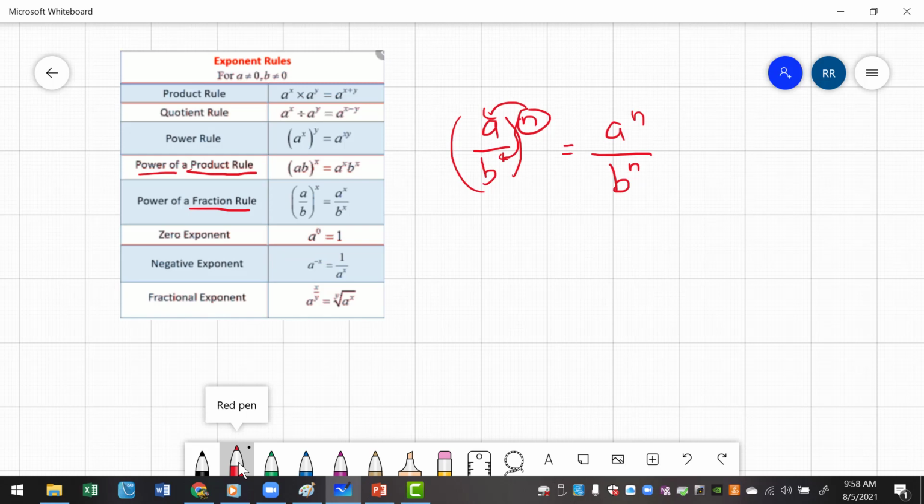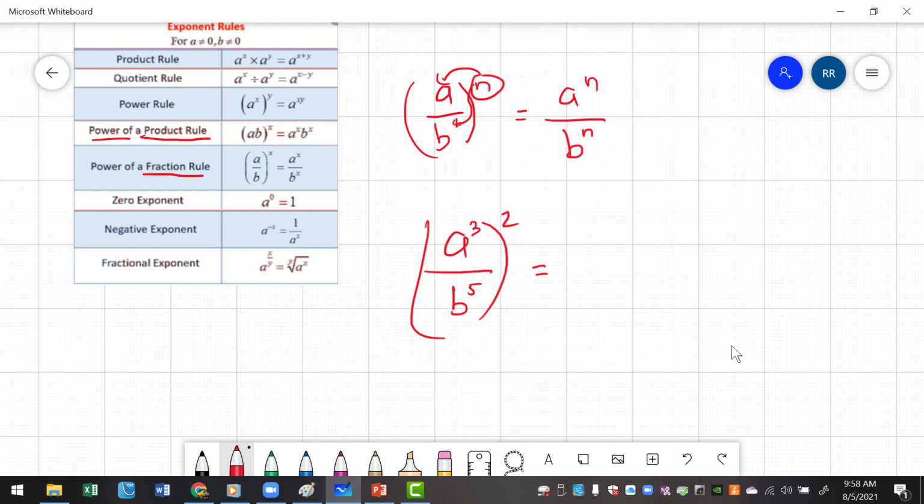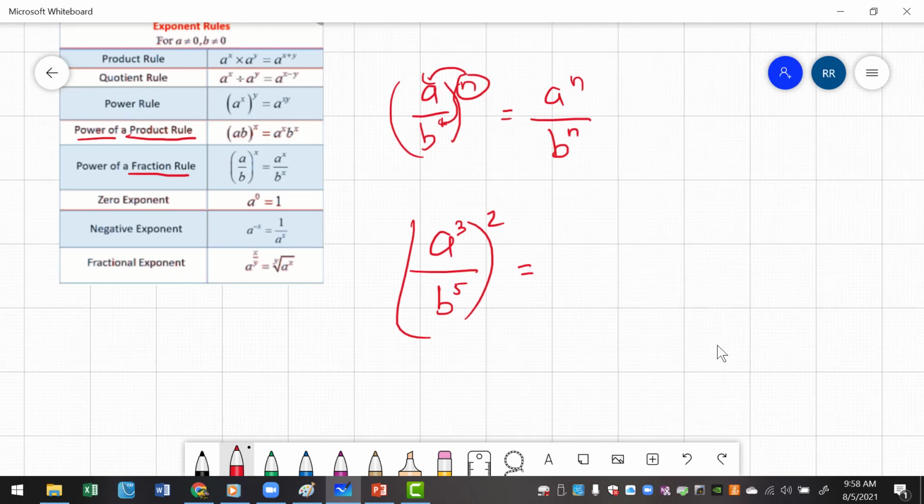Let's say I have another example like the previous one. We have a to the power of 3 over b to the power of 5, and then I raise this again to the power of 2. It's quite easy and has a very similar concept to the previous one. You only need to distribute this 2 to each of the index forms inside the bracket.